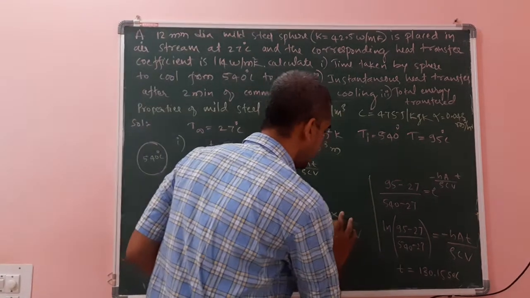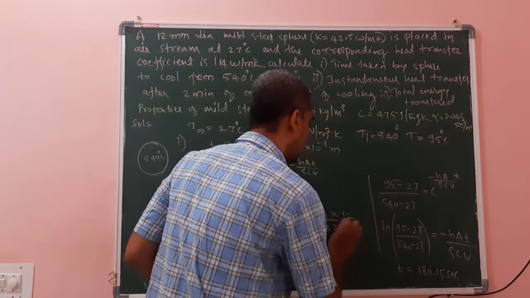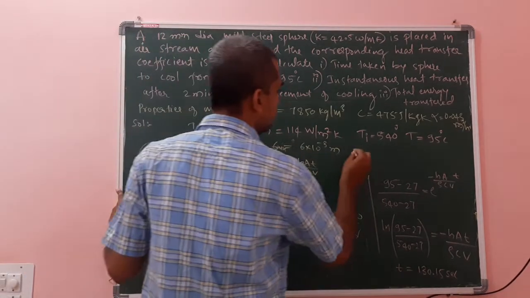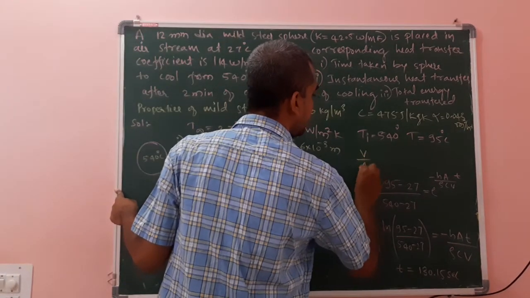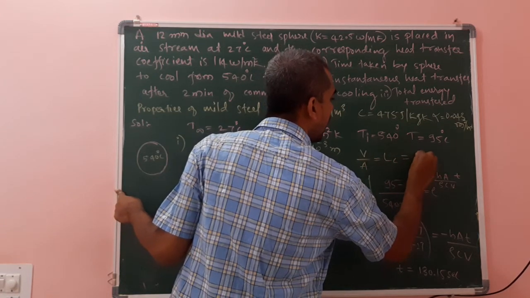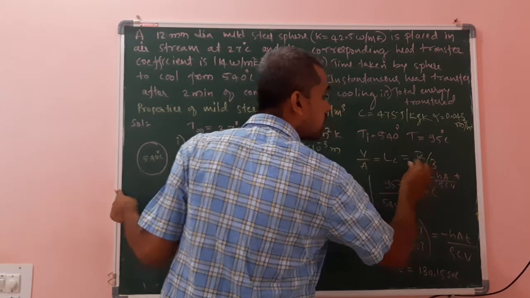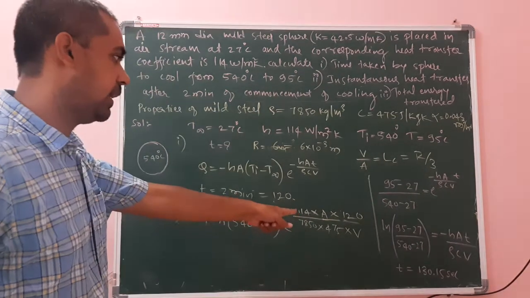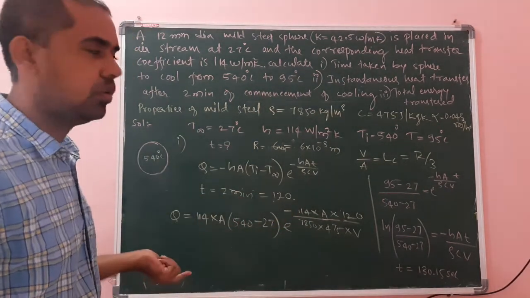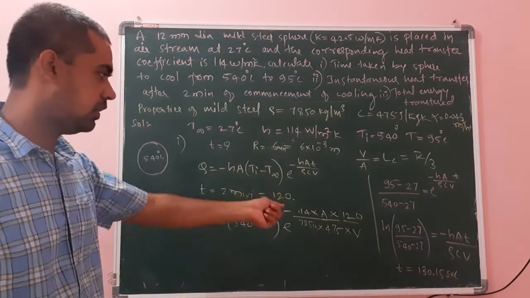This t you have to take as 120. Just now we have calculated r, therefore V by A as 0.002 Lc is known.